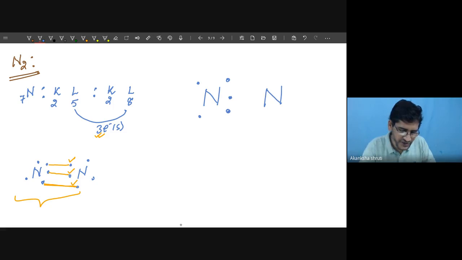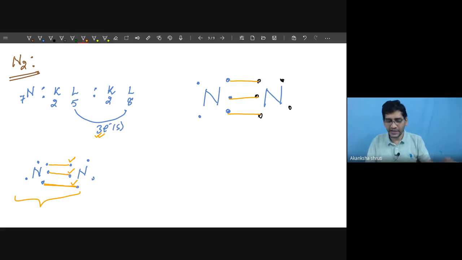For the other nitrogen, we have to do the same thing. One electron will be shared, another electron will be shared, and this third electron will be shared. This way, these 3 electrons will get shared.